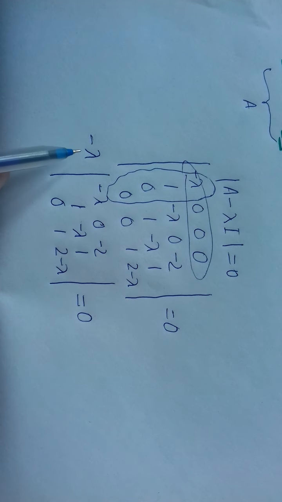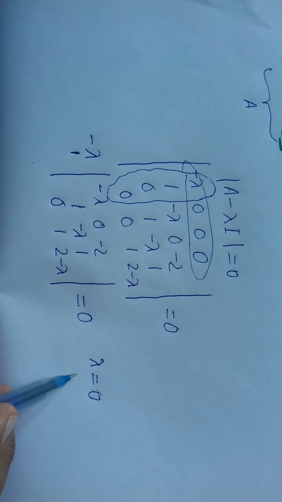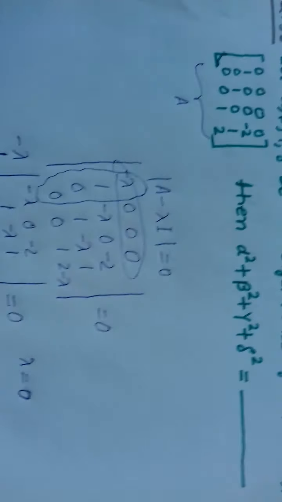So from this we have lambda equals to 0, an eigenvalue among these 4. So we may assume that this is delta.